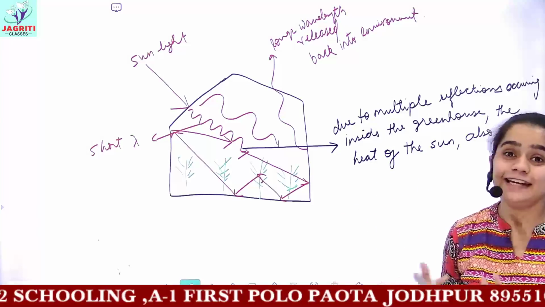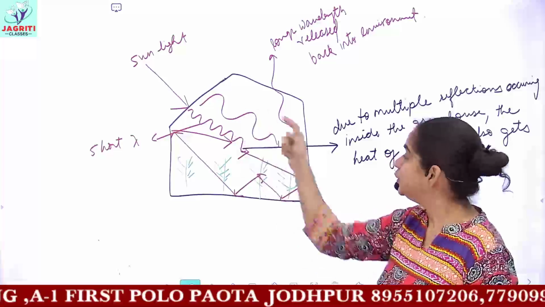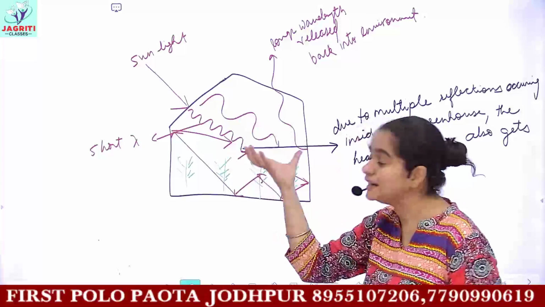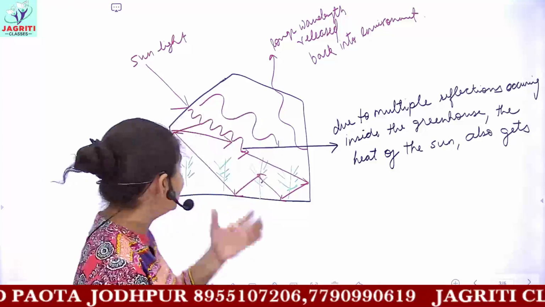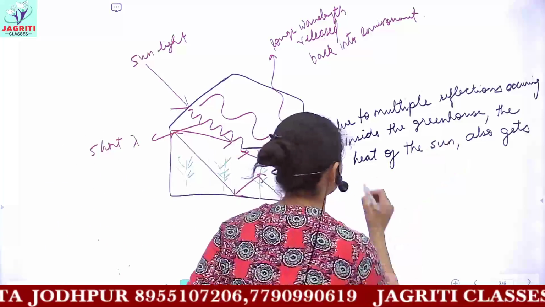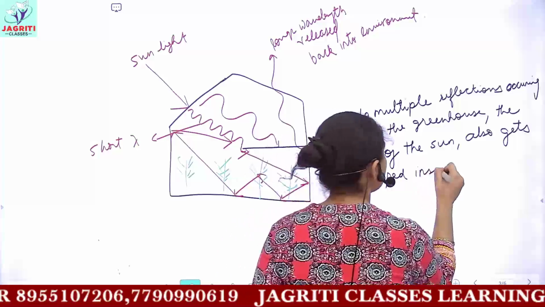Okay, they have heat energy in them. So these rays which have heat energy, due to multiple reflections inside the greenhouse, all the heat is trapped in the greenhouse, and this heat of the sun also gets trapped inside the greenhouse.